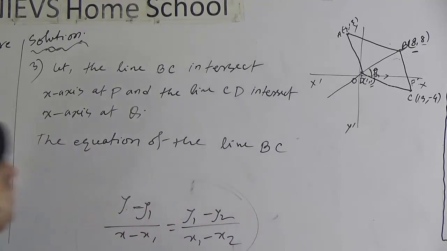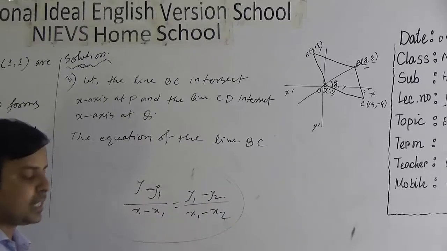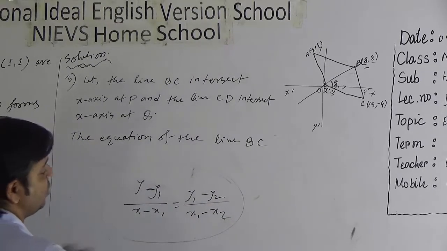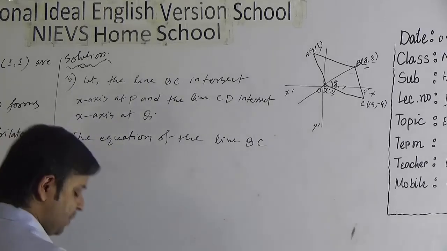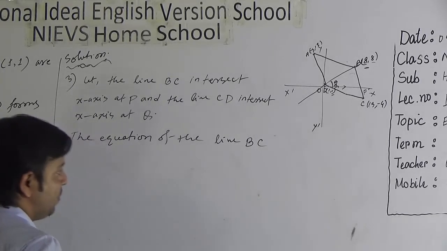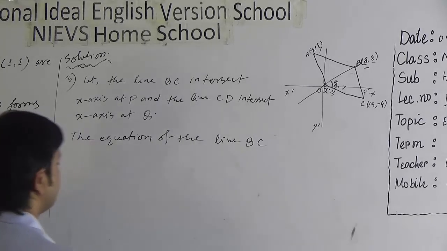Using this formula, you can determine the equation of the straight line. So we can determine the equation of the straight line BC now. Okay, dear students, so let us see here.